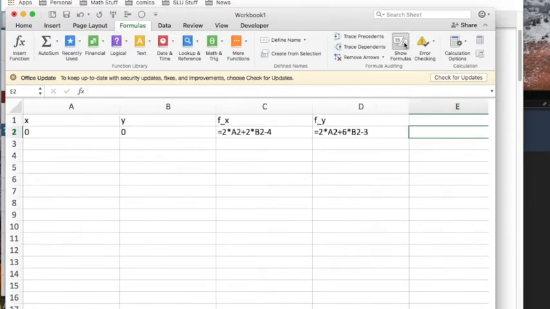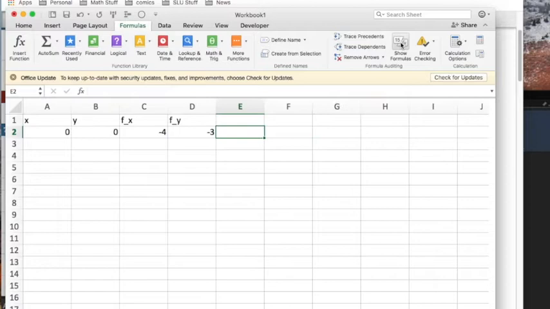I'd like to show the formulas, and notice I have x and y. The derivative of f with respect to x is 2x plus 2y minus 4. The derivative of f with respect to y was 2x plus 6y minus 3. And now I'd like to get Excel to figure out for me a place where they're both 0.